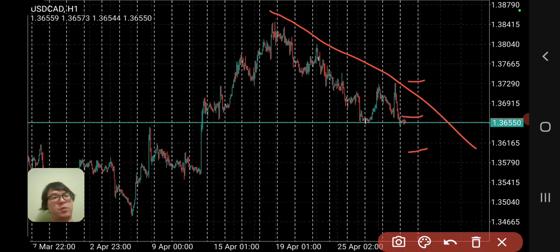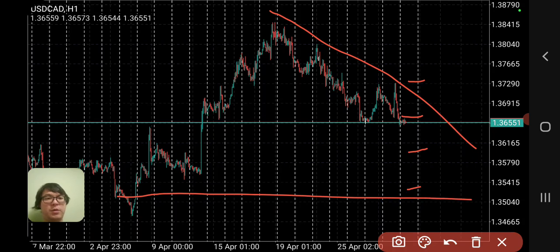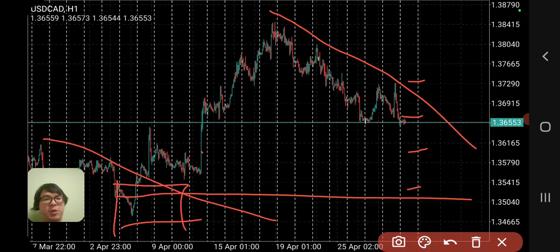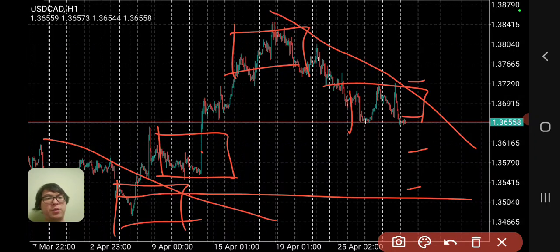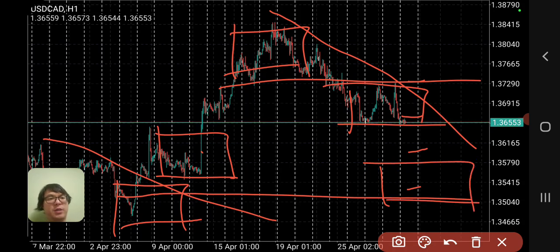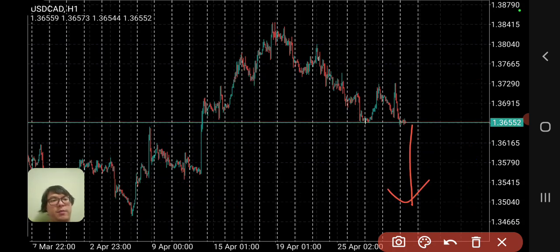Stop, target 1, target 2, till we hit all the way to here as the trend line from the bottom, dimension 1, consolidation dimension 2, top, dimension 3, holding for the resistance dimension 4. So we are expecting this one going down to dimension 5. So dollar CAD, good opportunity for short.